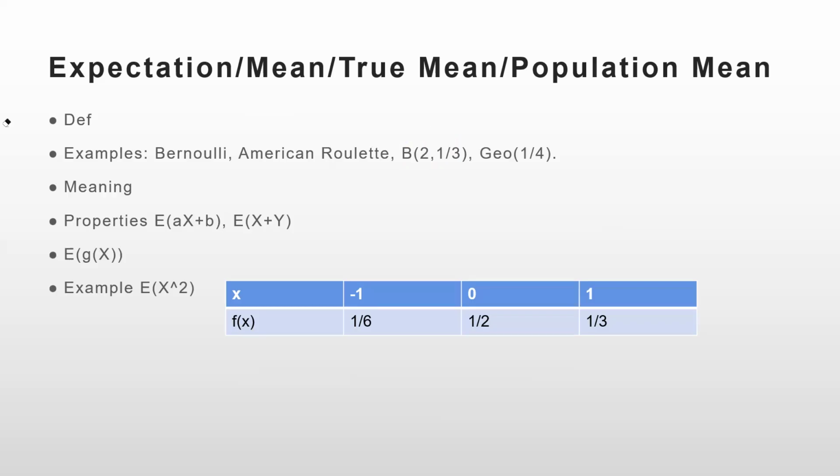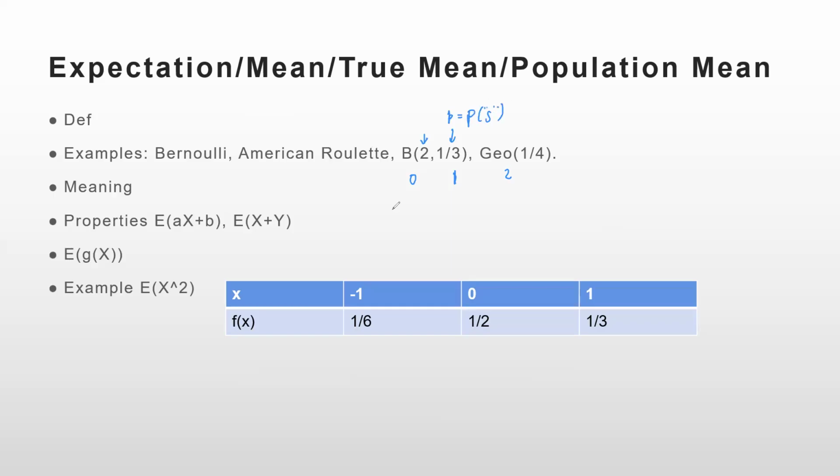So with 2 tosses, the number of heads can be 0, 1, 2. Let's call heads success. So 2 is the total number of trials, and this is the probability of success.